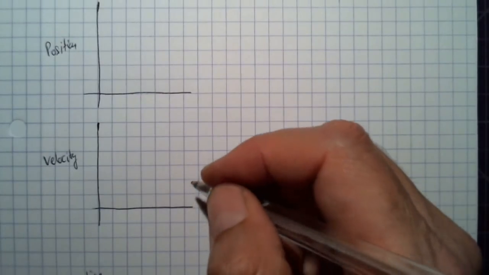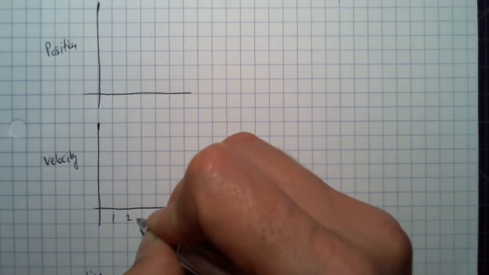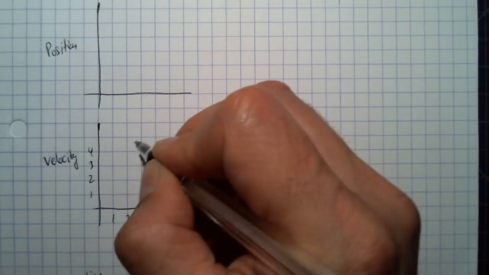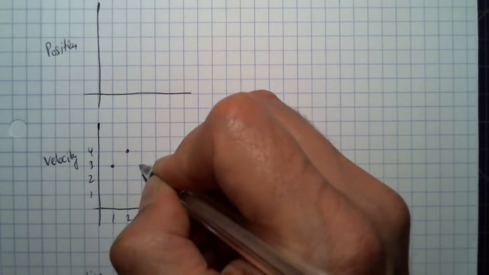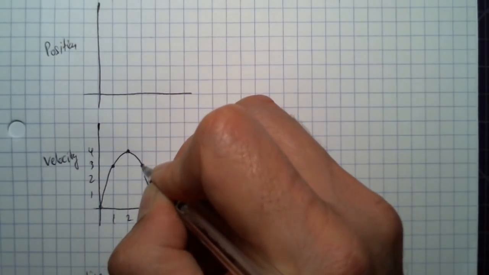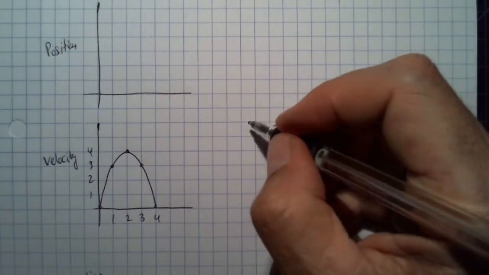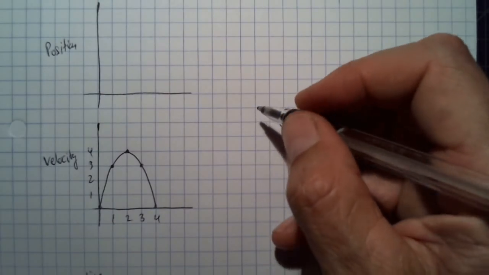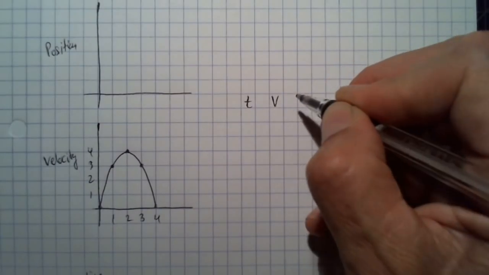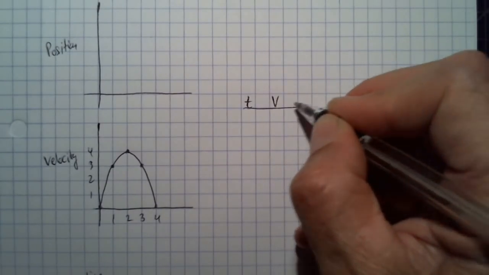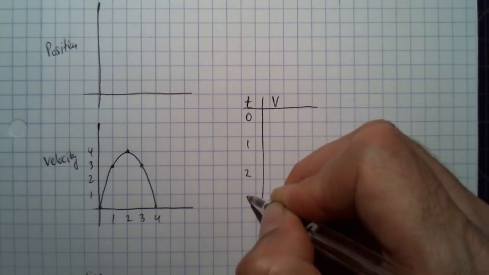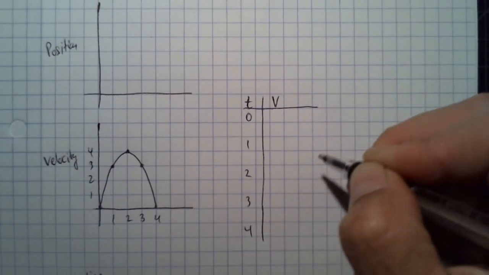So let's just look at what we have. And we'll just start finding the desired values. We have 0, 1, 2, 3, 4.